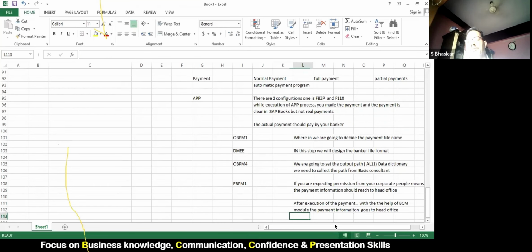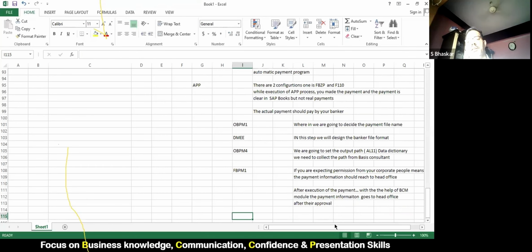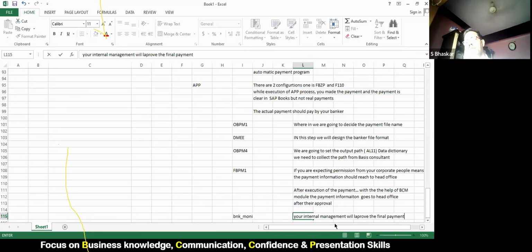Once they approve, there is a T code called BNK_MONI. With this T code, your internal management will approve the final payment.